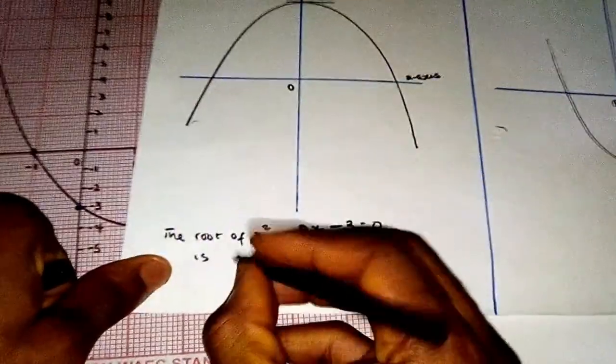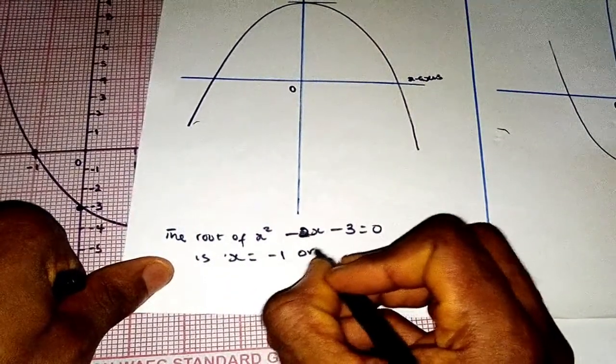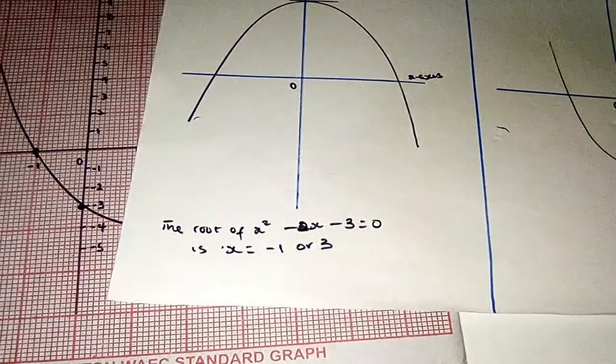So you have x equal to -1 or 3. That's the answer. That's just a point about roots.